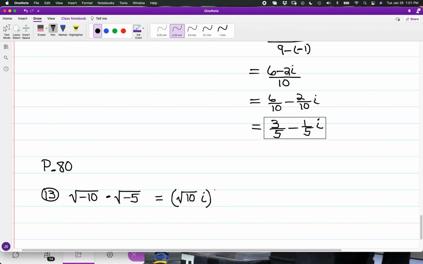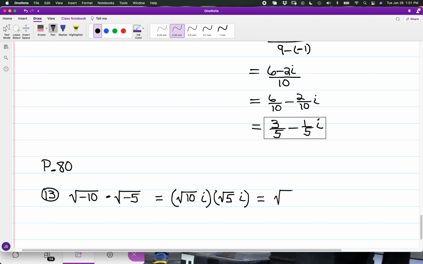And for the square root of negative 5, we have the square root of 5 times i. And if I take the product, I can take the product of the numbers inside the radicals as long as we do not have negatives. So I've taken care of the negative signs upon extracting the letter i for each. So I can multiply now.